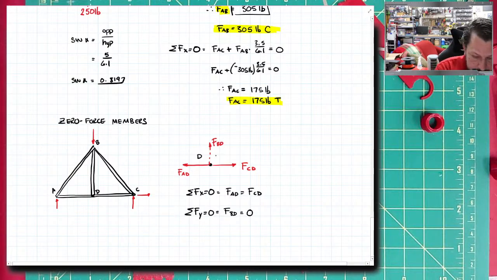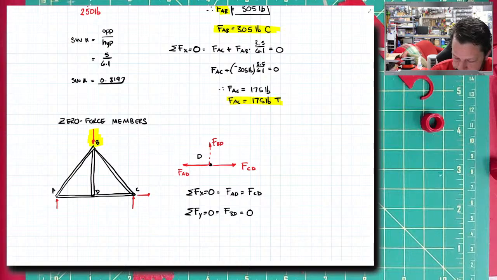It looks like there's an external force pointing directly on BD, but the equations clearly say that if I add the forces in the y direction at joint D, BD has to be 0.